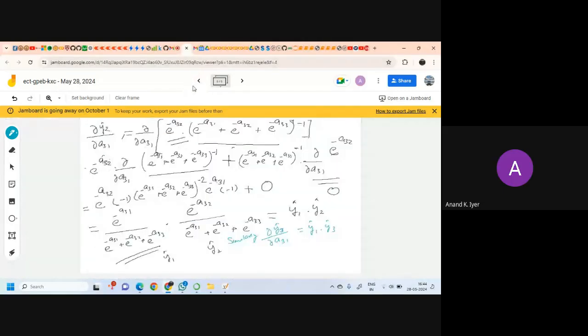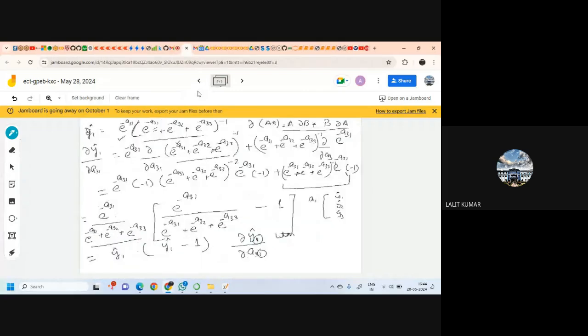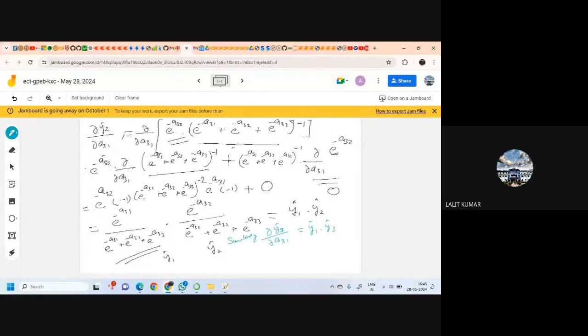Before proceeding further, we'll just check that minus problem. Here we had got this, this was clear. Now the second part, we got very clearly here, minus one had become y1 minus y2. So this also becomes very clear.